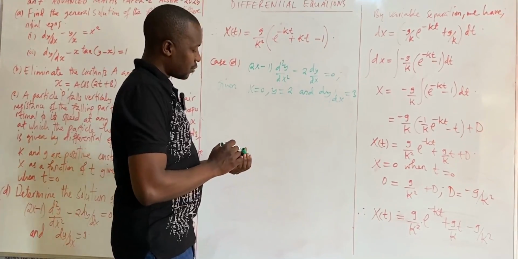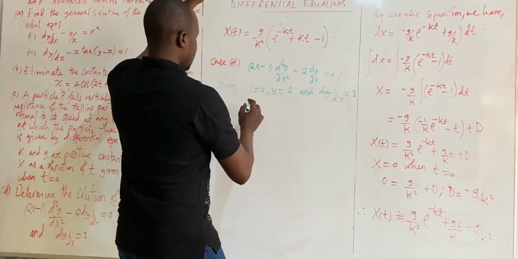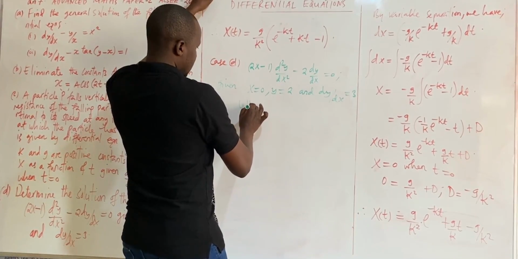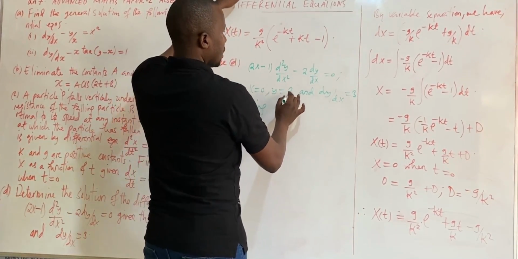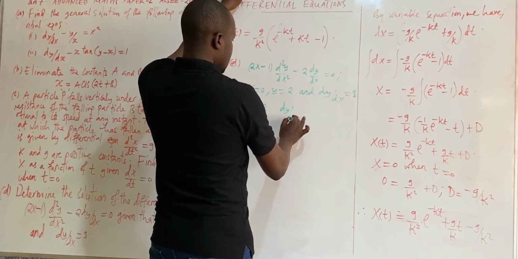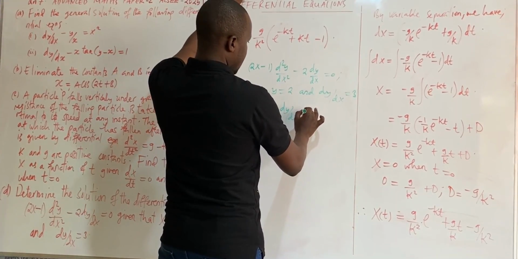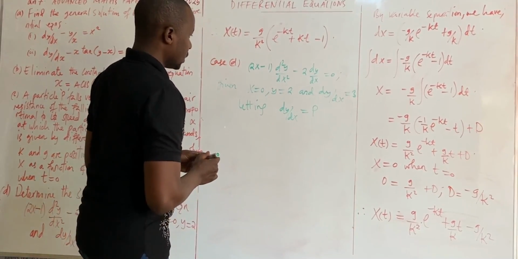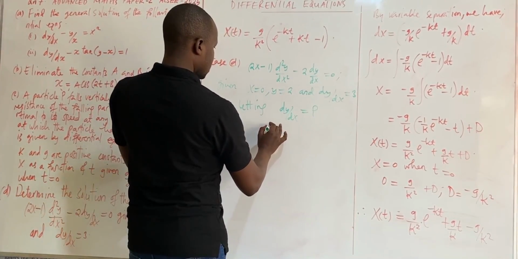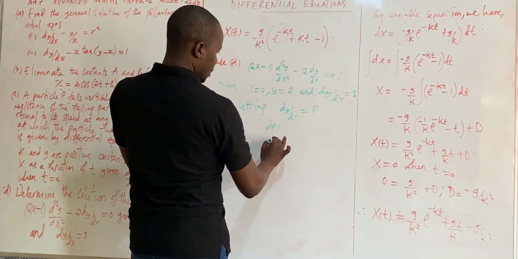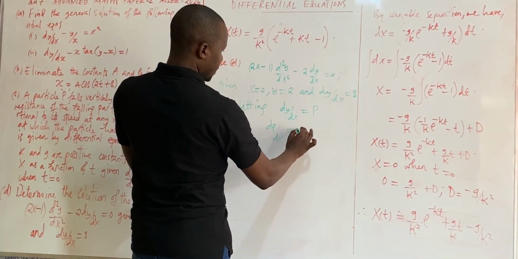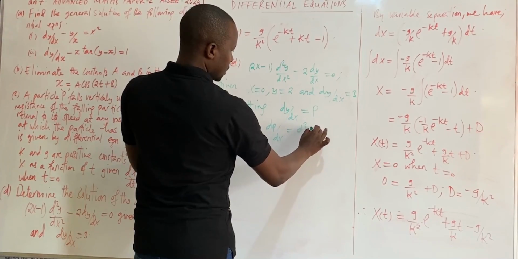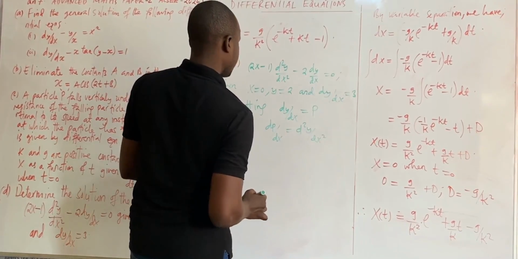Now we can solve by letting dy dx equal to p. So if we differentiate now, dp with respect to x will be equal to the second derivative d squared y over dx squared.